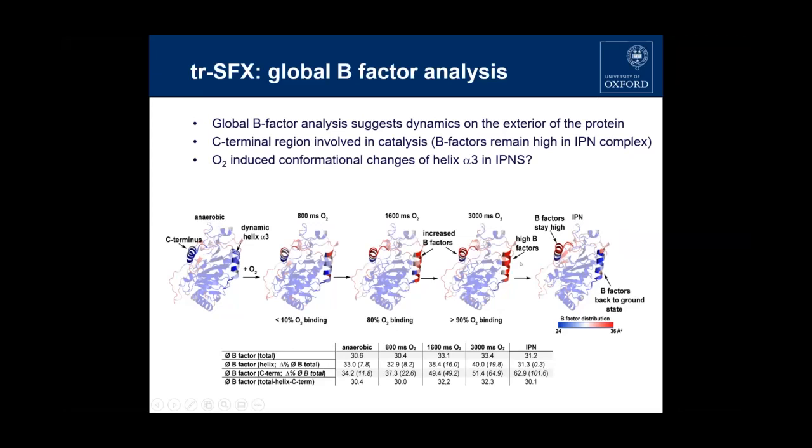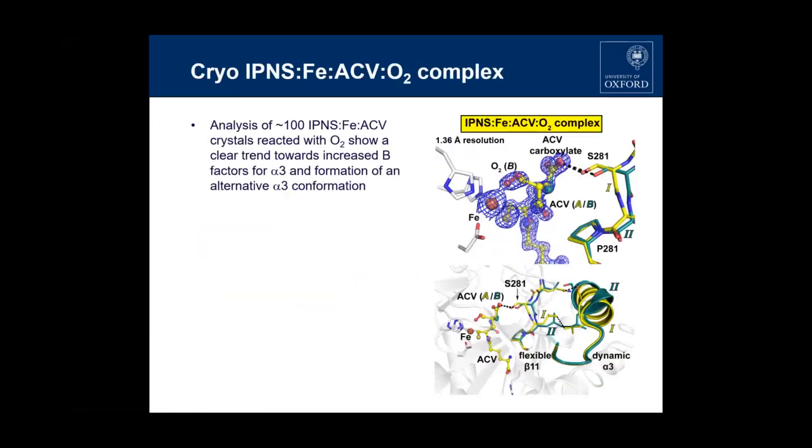And we were wondering what happened here. I had a careful look at the 1.6 second and the 3-second data sets and calculated difference maps. There was a lot of difference density visible in the alpha-3 region, but I was not able to model these differences in. So what I did next, we collected several structures of single crystals, single IPNS crystals exposed to oxygen, and freeze-trapped them, doing single crystal synchrotron crystallography.